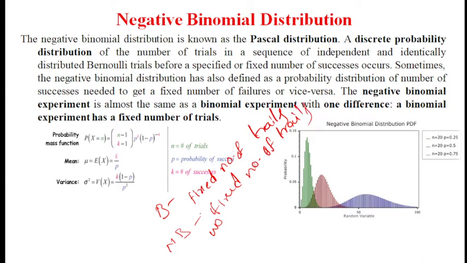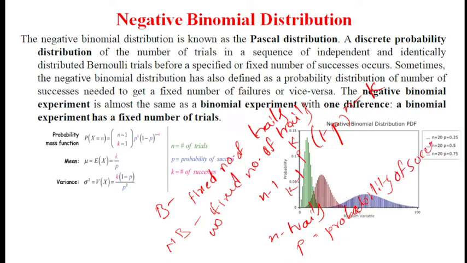What is the formula for this negative binomial distribution? n minus 1 choose k minus 1, p power k, into 1 minus p power n minus k. Here n indicates the number of trials, p indicates the probability of success, and k indicates the number of successes.